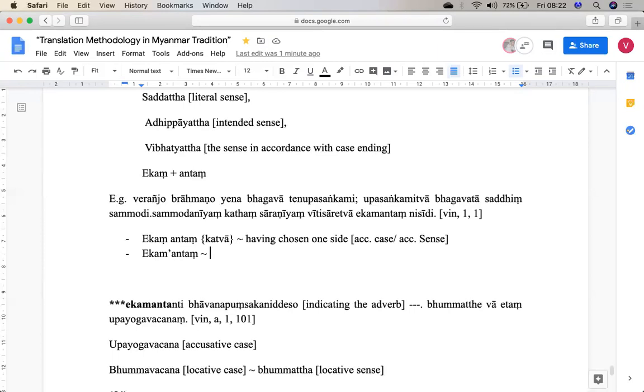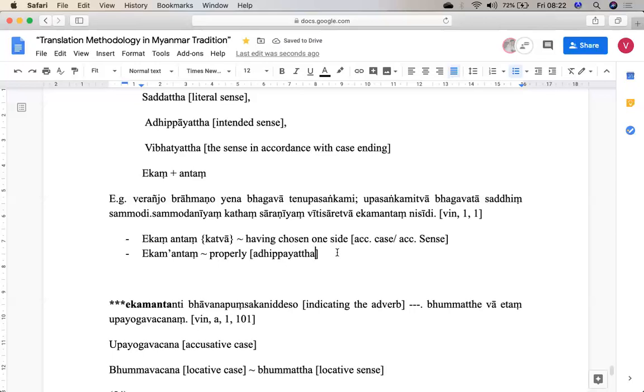In the sense of adebhayata, the literal sense, the meaning should be understood, or the intended meaning is properly. That is what we call adebhayata, adverb sense.